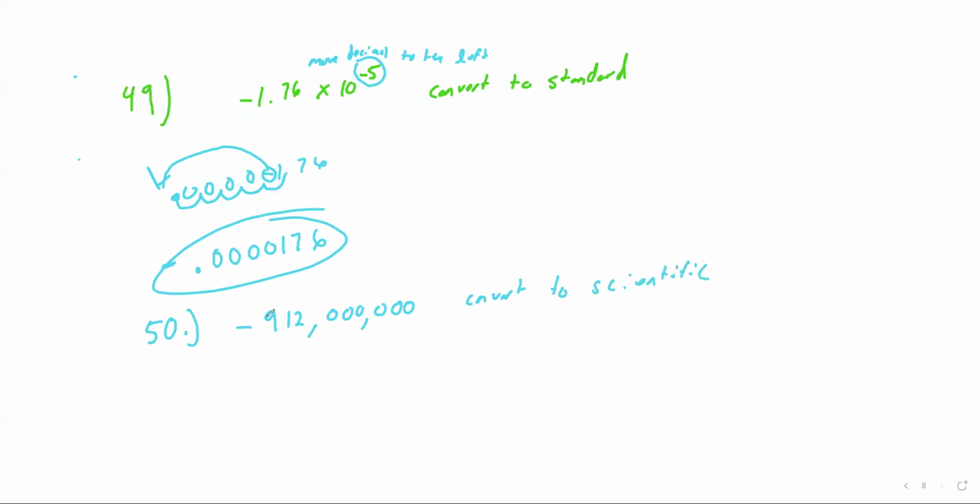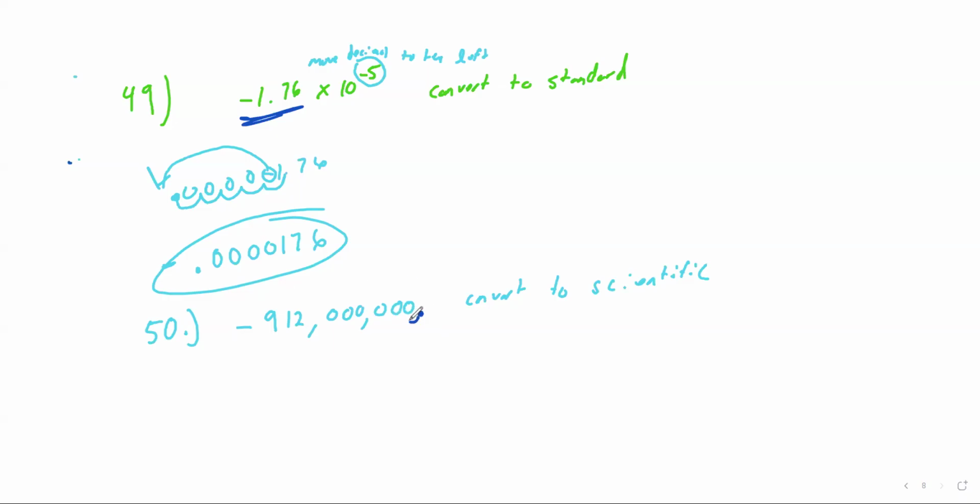In this case, this part right here has to be, in absolute value, between 1 and 10. So I'm going to take the decimal that's right here and move it until I get to a point where the number is between 1 and 10, positive or negative.